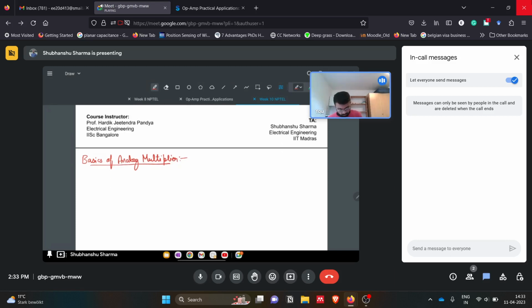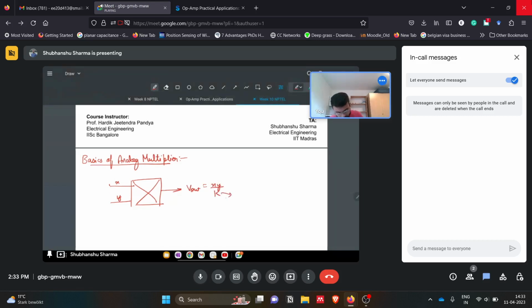So basically, what is an analog multiplier? It's a device which multiplies two signals, which we can say Vx and Vy, or in more generalized terms X and Y, and gives the output V out, which is XY divided by some scaling factor k.